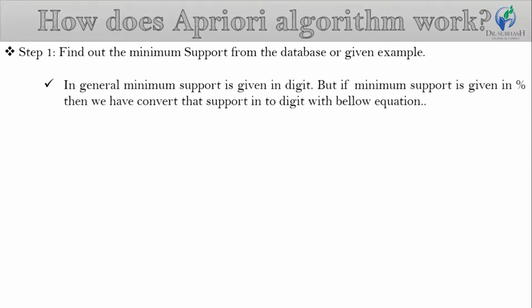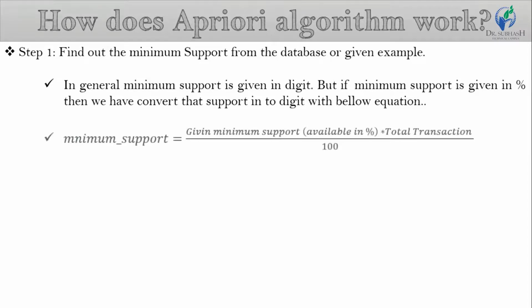In general, minimum support is given as a number, but if minimum support is given in percentage, then we have to convert that support into a number with the below equation. The equation is: minimum support is equal to the given minimum support, which is available in percentage, multiplied by total transactions. That answer is divided by 100.